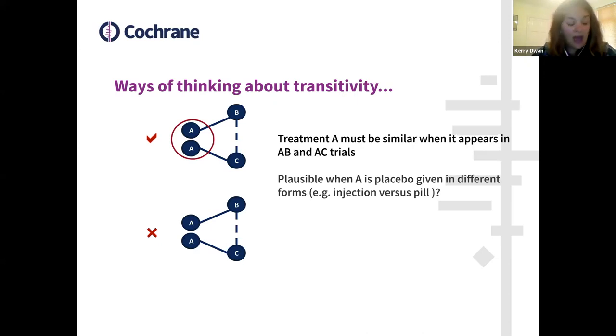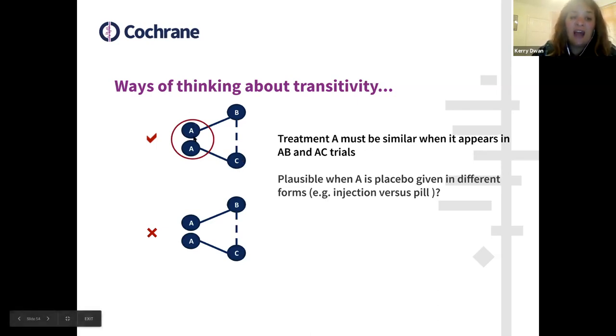So one example I have is for dietary advice. In the trial A versus B, people for treatment A go to see a dietitian once a week, and treatment B is going to see the doctor. Whereas in the trial A versus C, treatment A is going to see a dietitian once a month, and intervention C is going to see the nurse.